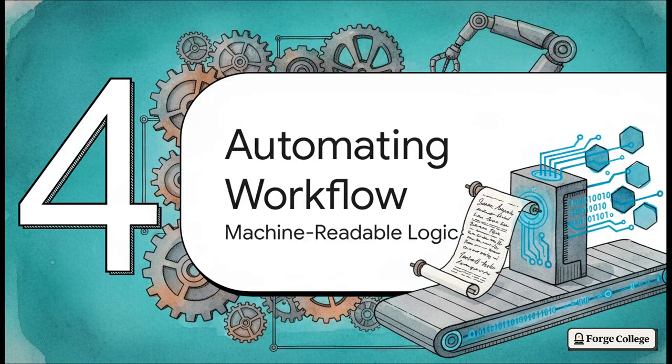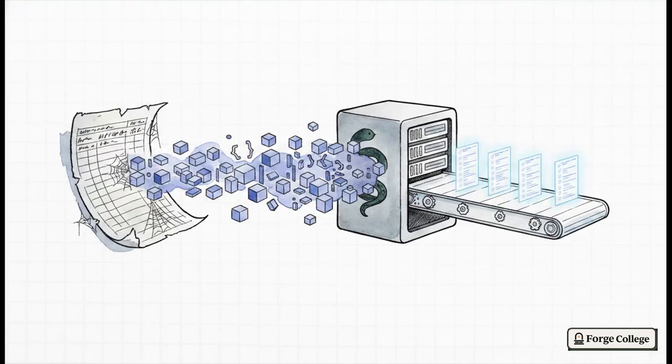Finally, Section 4, automating the audit workflow, machine-readable logic. We've reached the end of the assembly line. Automation absolutely kills manual errors. By encoding your human-readable checklist entries, priority scores, and strict evidence requirements into a simple machine-readable JSON script, your dusty old spreadsheet totally transforms.